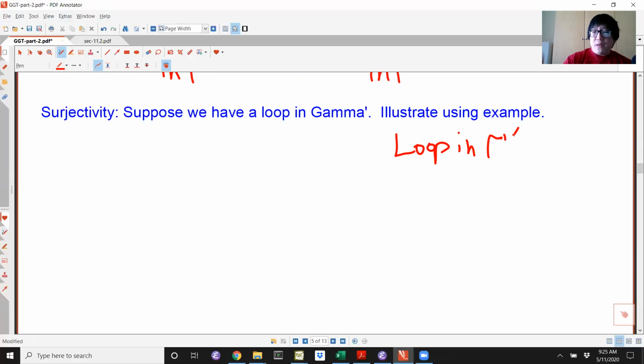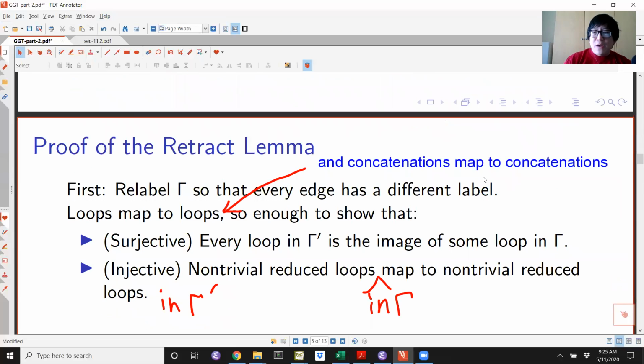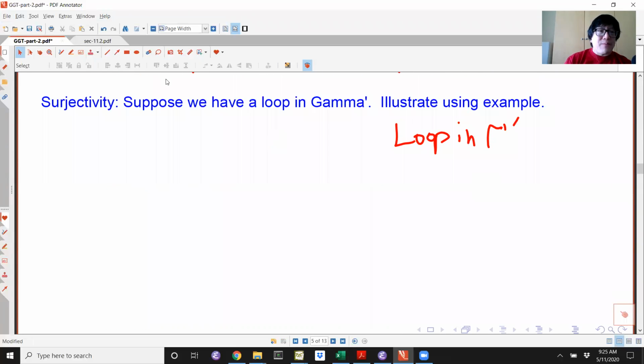Instead of drawing the loop inside the graph, where it could be pretty difficult to see, I'm going to indicate schematically what that path looks like.